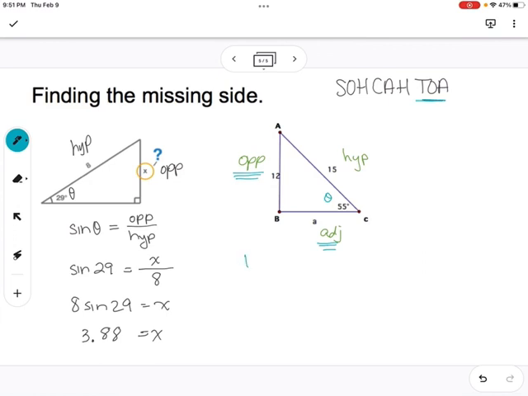So tan theta equals opposite over adjacent. Filling in what you know, tan, our theta, our angle is 55. Our opposite is 12 over our adjacent A, which we don't know, we need to find.